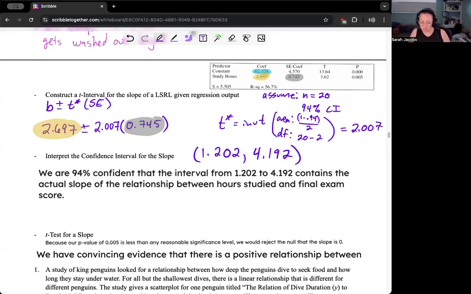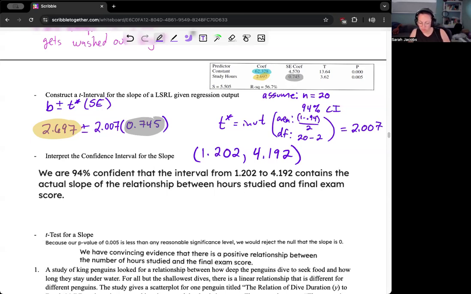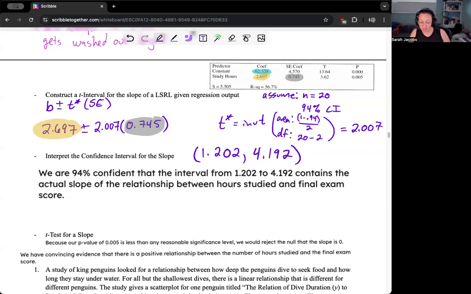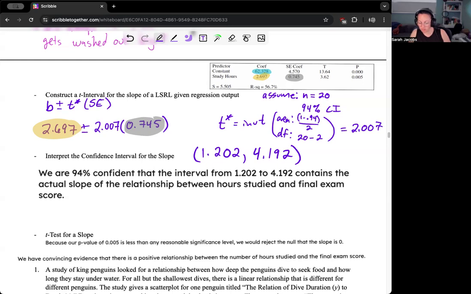So that there's a positive relationship between the number of hours studied and the final exam score. I was thinking, like, do we even want to say that it's positive? But sure, let's be bold. If you wanted to be conservative, you could just say that there is a relationship at all. That would be probably the true alternative, would be that it's not equal to zero.